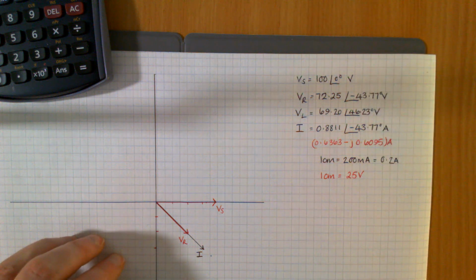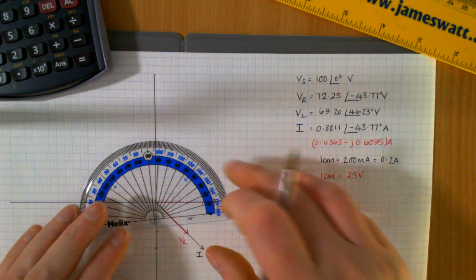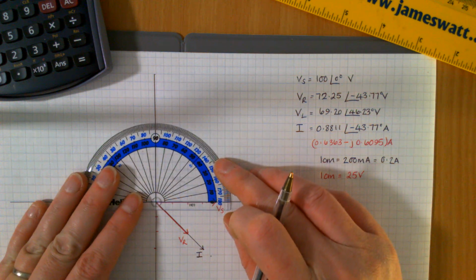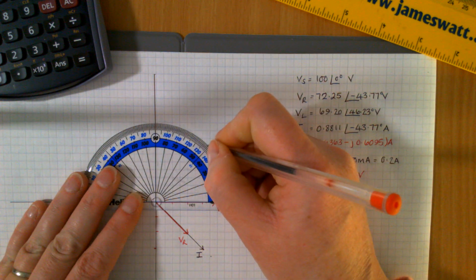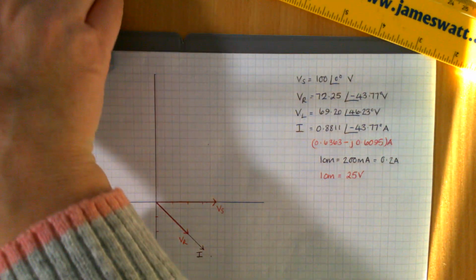That's my VR. My VL is going in the positive direction, so I measure my angle upwards, up this way, 69.2.